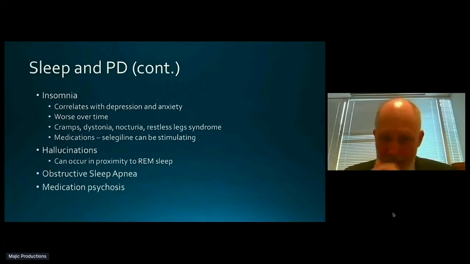Okay, moving on. Insomnia is a problem. Why is this? Well, people get insomnia with medical problems and psychiatric problems, and both of those things are more common in Parkinson's disease, especially depression and anxiety. It does tend to get worse over time. And actually muscular things like cramps, dystonia, which is the abnormal posturing of muscles, or the rigidity that people have, having to get up to go to the bathroom, or restless legs are other examples.